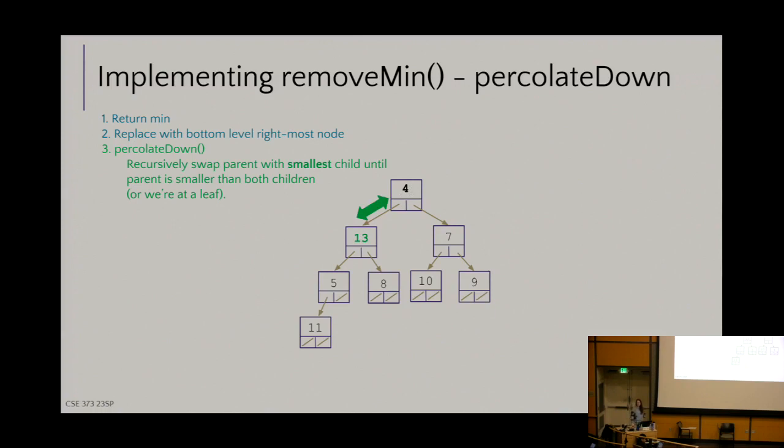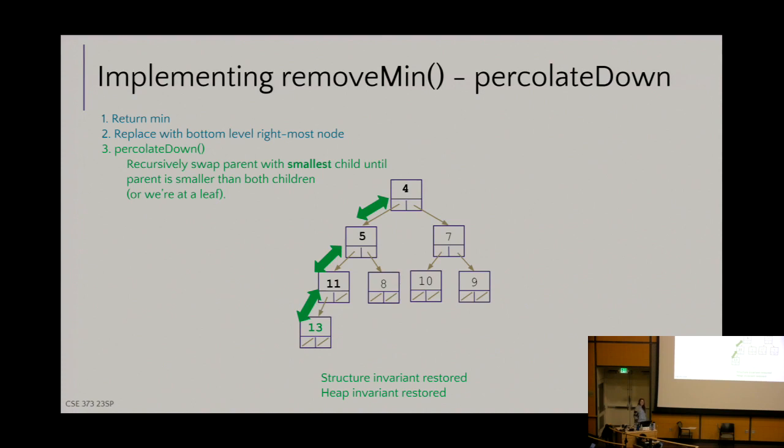Now I'm going to ask myself, do I still break the heap invariant? Yes. So I'm going to do another percolate, and I'm going to swap with the smaller child. Great. Do I still break the heap invariant? Yes. So I'm going to swap with the smaller child. And now I have restored the heap invariant while maintaining the structure invariant. And all I've done is just swap data fields.